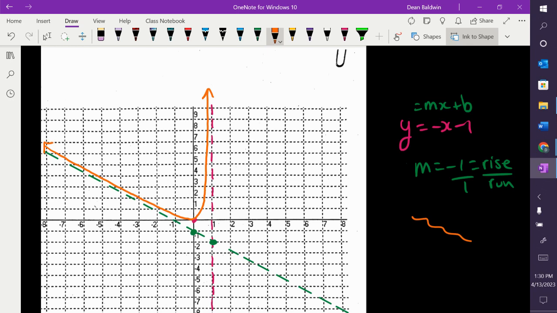So there's the graph. It's getting close. This is our oblique asymptote, and this is the vertical asymptote. That's the only way I can draw that so that it goes through that point and it's still decreasing and then increasing with the concave up.